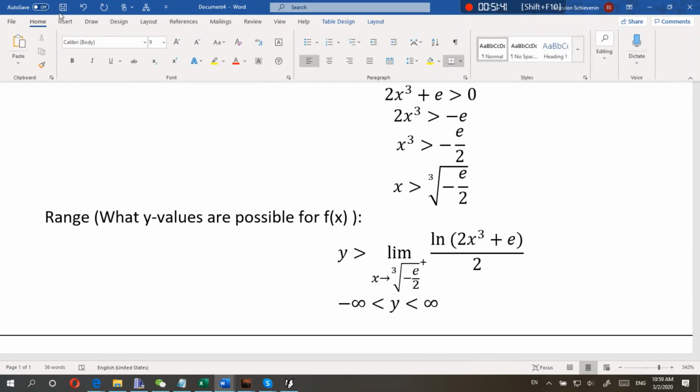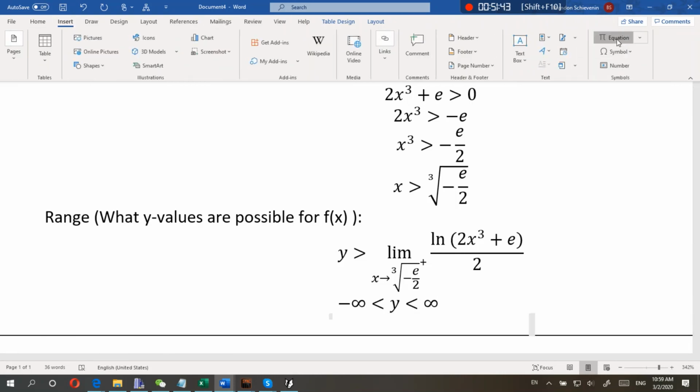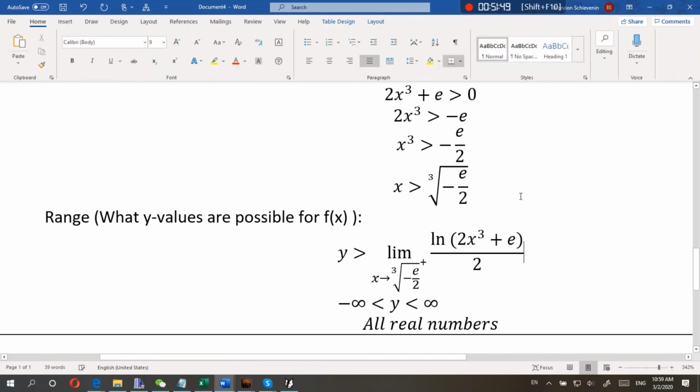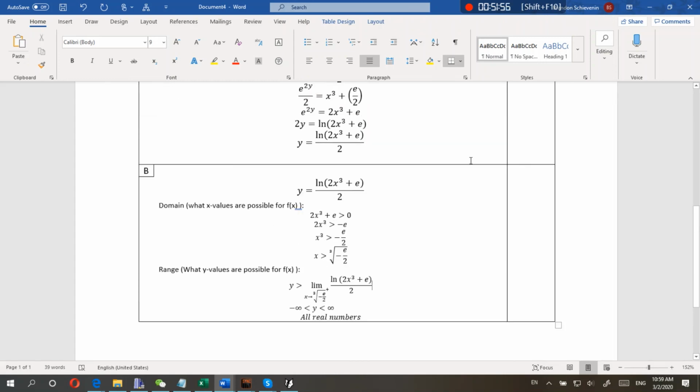Or we could say our range is all real numbers are possible for y. Okay, any questions on anything from this one?